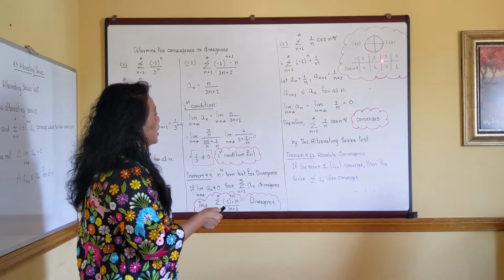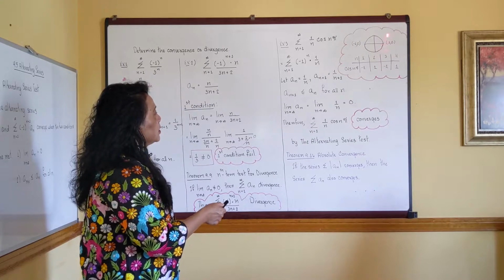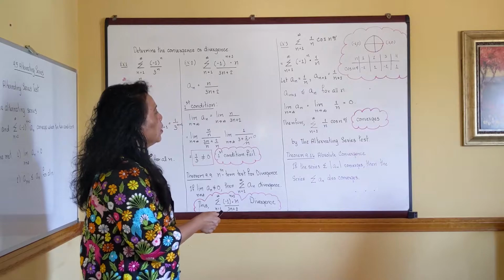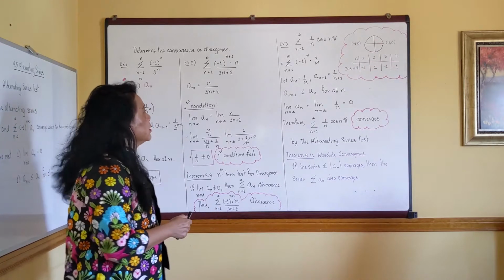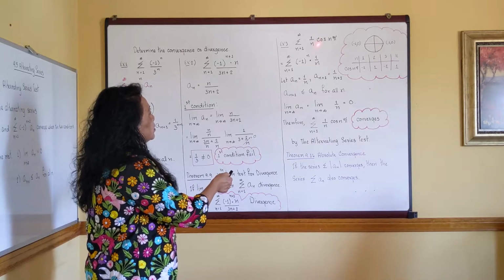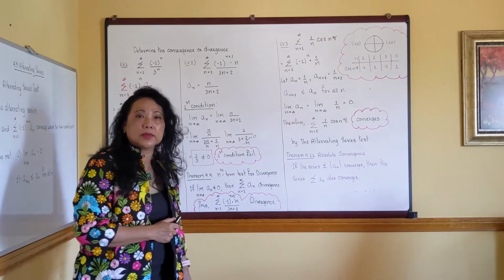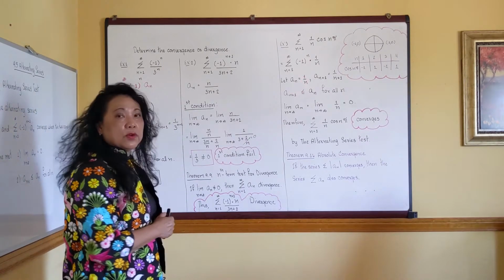When n is 2, you have cosine of 2 pi, which is 1. You keep going to 3 and then 4. So basically cosine of n pi is just negative 1 to the n. And 1 over n is just this one right here.